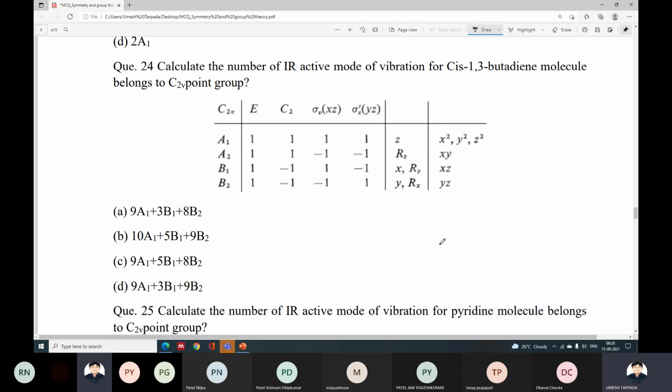Calculate IR active mode of vibration for cis-1,3 butadiene molecule belonging to C2V point group. You have to calculate this, as we have already done for you.